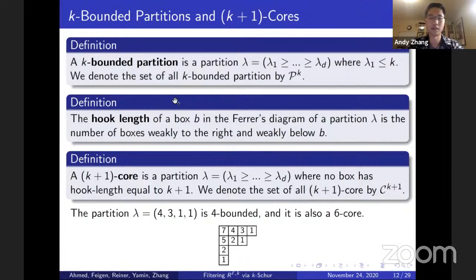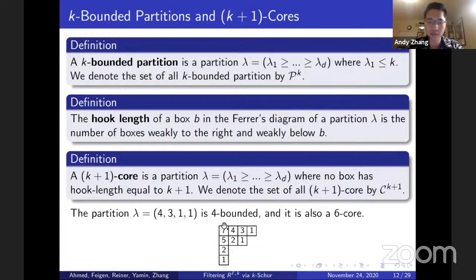Before introducing the technique of k-conjugation, let's recall that a k-bounded partition is just a partition where the first part is at most k. We also recall that the hook length of a box B in the Ferrers diagram or Young diagram of a partition lambda is the number of boxes weakly to the right and weakly below B. In the example here, we have the 4-bounded partition 4311.